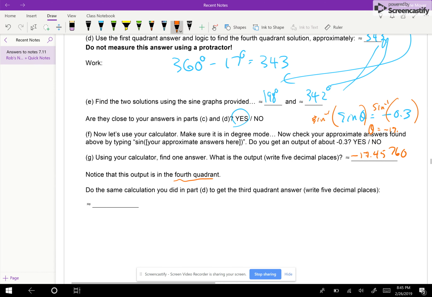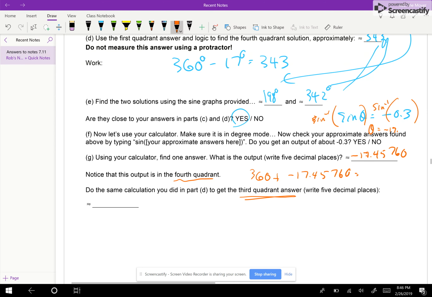Now, as I've noted here, it's in the 4th quadrant, right? How do I get the angle that's in the 3rd quadrant? Well, also, this is not my actual answer that I want. This is the reference angle, and I've got to take the reference angle and subtract from 360, or take this and add it to 360. So if I take 360 plus the negative 17.45760, what do we get?